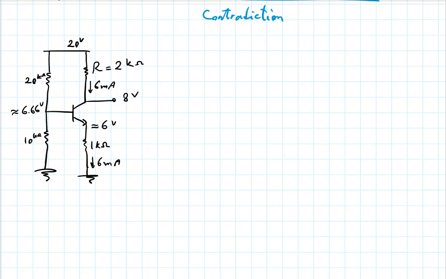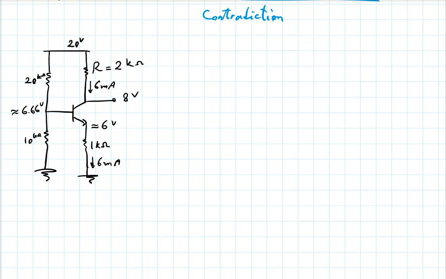That's still giving me a collector emitter voltage of about 2 volts. I'm still above saturation. I'm still in active mode. If I made that 3 kilo ohms, then I would be in trouble, because 20 minus 18, my output would be at 2 volts. That's already, my collector emitter voltage there is already showing negative, which shouldn't.